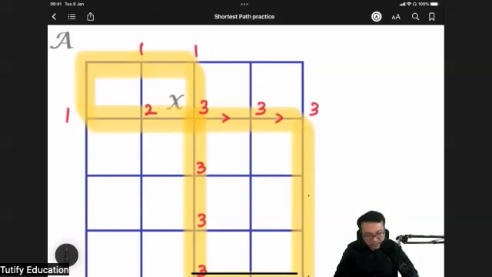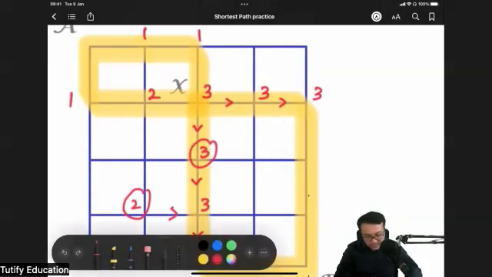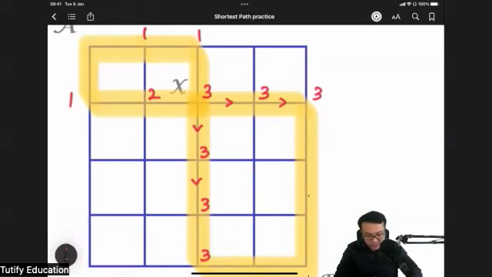So you add this arrow all the way down. If I had a number here, let's say I had a number 2 over here, and this arrow points here, then I will take 3 plus 2, and this will be 5. But this is not the case because it is out of bounds. We only stay within our boundary. So that's the reason why it is all the number 3.